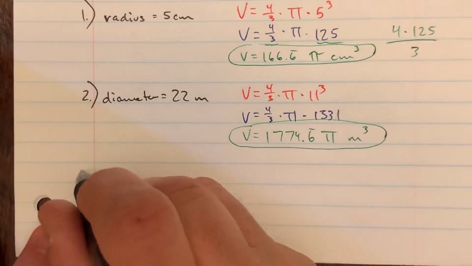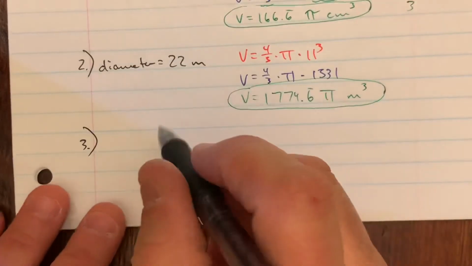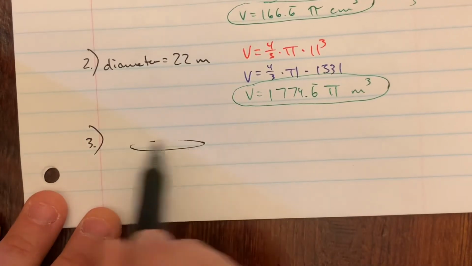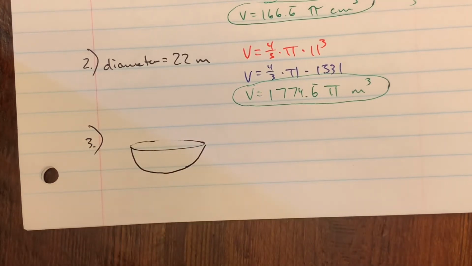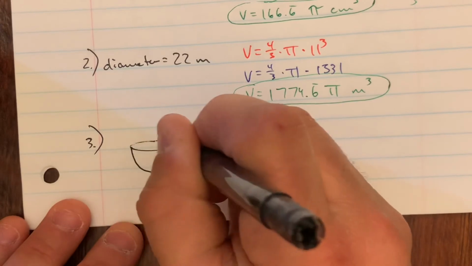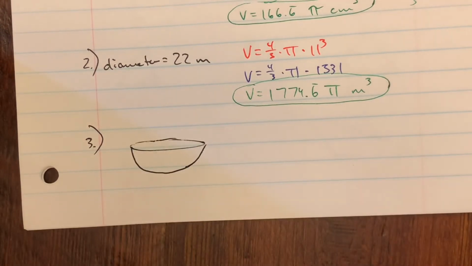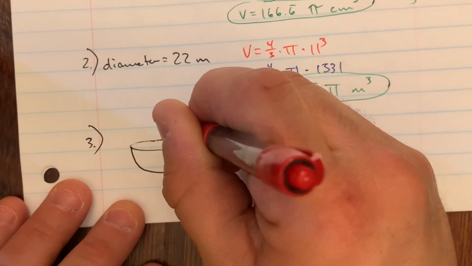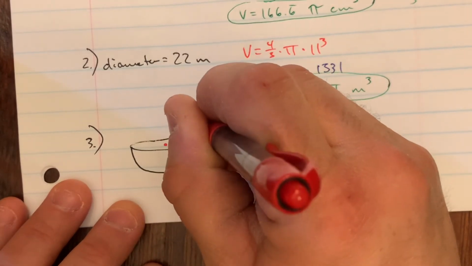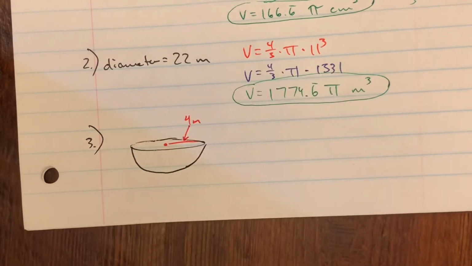Last, example 3. It's not that bad. But this time it's a hemisphere. We'll say our distance from here to there is 4 meters. Okay?